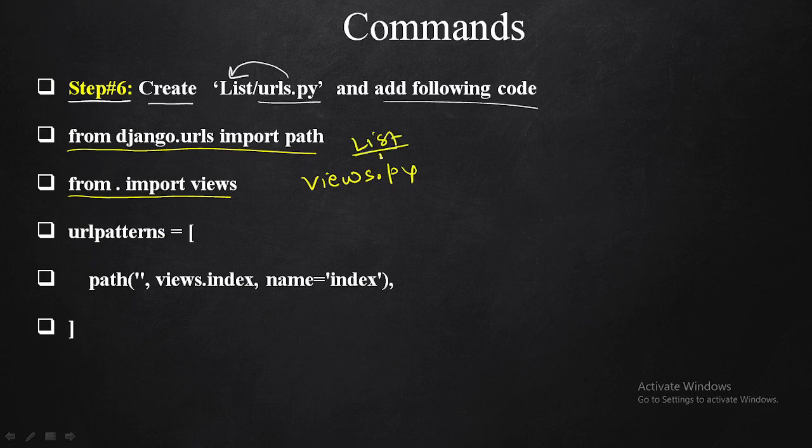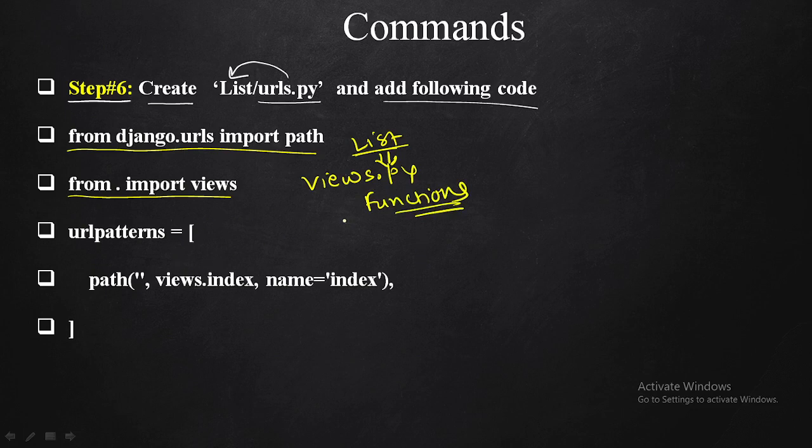Inside the app folder there is a file called views.py. In this file we are writing processing logic. In this we are defining various data processing functions.